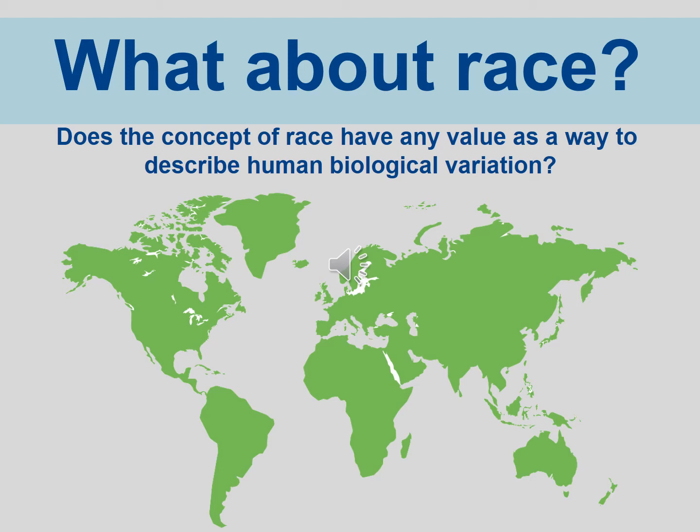groups that are created, and yes, some of them coincide with things like latitude, some of them coincide with things like geography in terms of different continents. But the question always remains, if this is a social construct, which I can show you clearly has components of that, is there anything about the concept of race that has any value for biological variation?